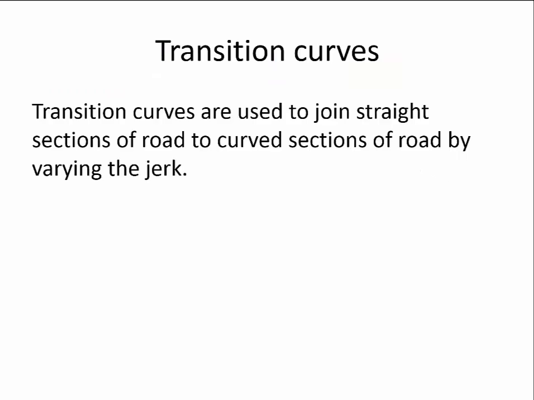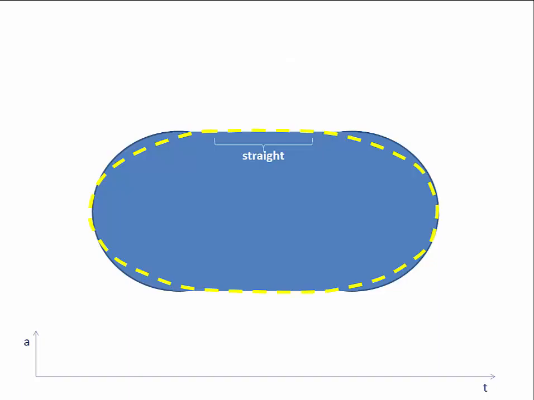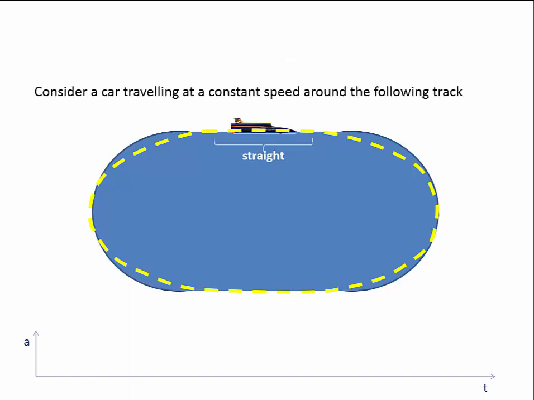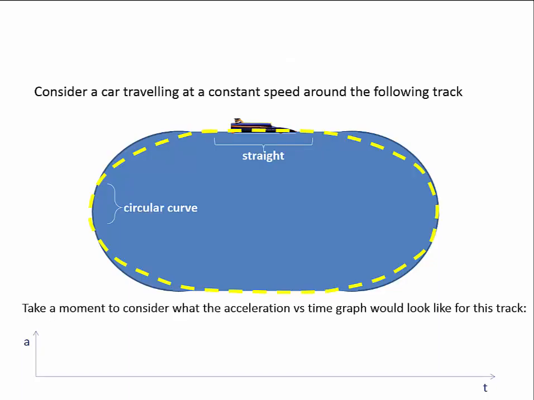So we use something called transition curves, which connect the straight sections of the road to the curved sections of the road by varying the jerk. Same car, it's now going to travel around the yellow track. We've got a straight section, we've got a circular curve, but they're connected using a transition curve in the middle here.